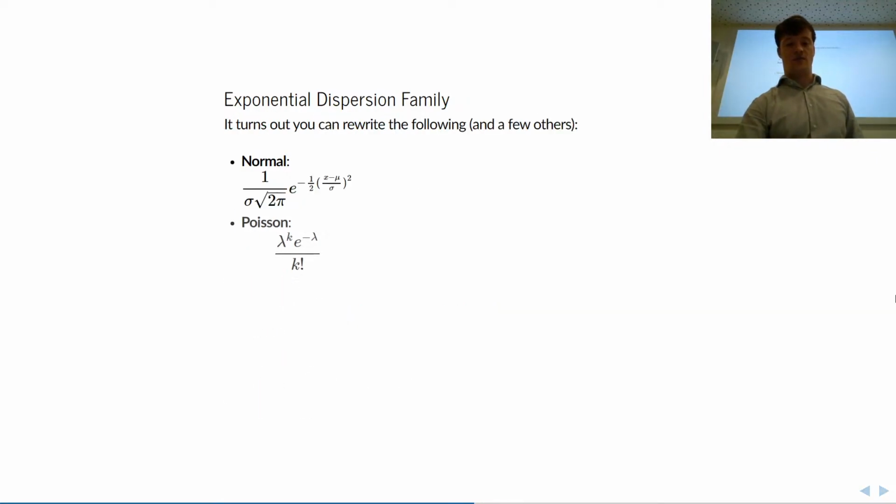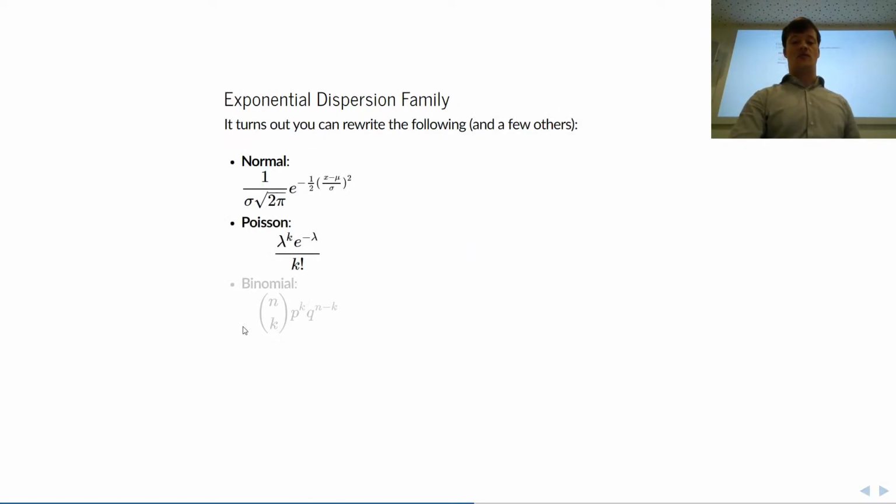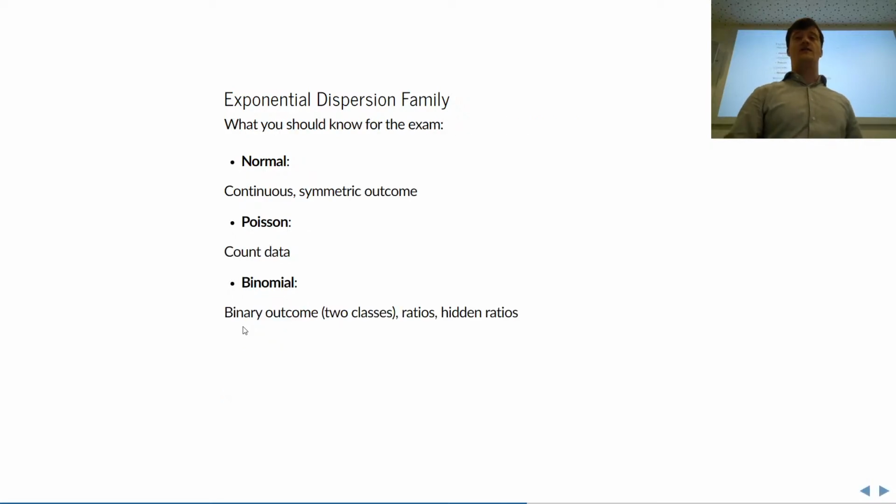So I'll go all the way back to this earlier slide. The errors, the differences from the relationship that you estimate, that is the only thing that we make assumptions about. Now, if you can reasonably assume that to be approximately normal, then you can just use a linear model, everything we've learned so far. So continuous and symmetric around its mean.